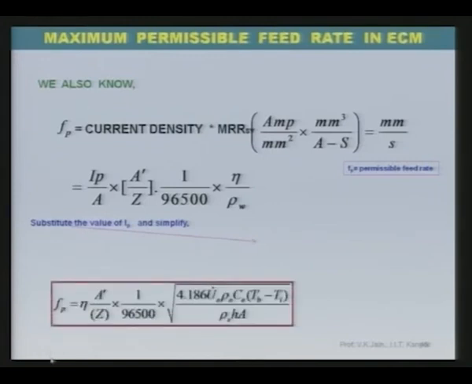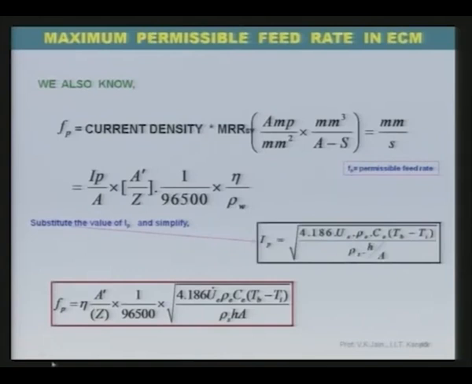because Ip we have already calculated in the earlier slide, as given here: 4.186 u e rho e c e multiplied by (Tb minus Ti) divided by rho s h over A, whole under root.